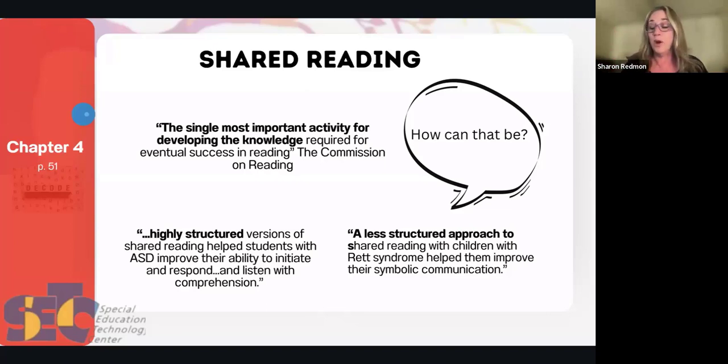And maybe with ASD, I can see where a highly structured approach would work well. It's very rote, it's very synchronized, it's very established. Kids know exactly what's going to be coming next, and that can be very settling for kids on the spectrum. So it really comes down to knowing your learner, right?